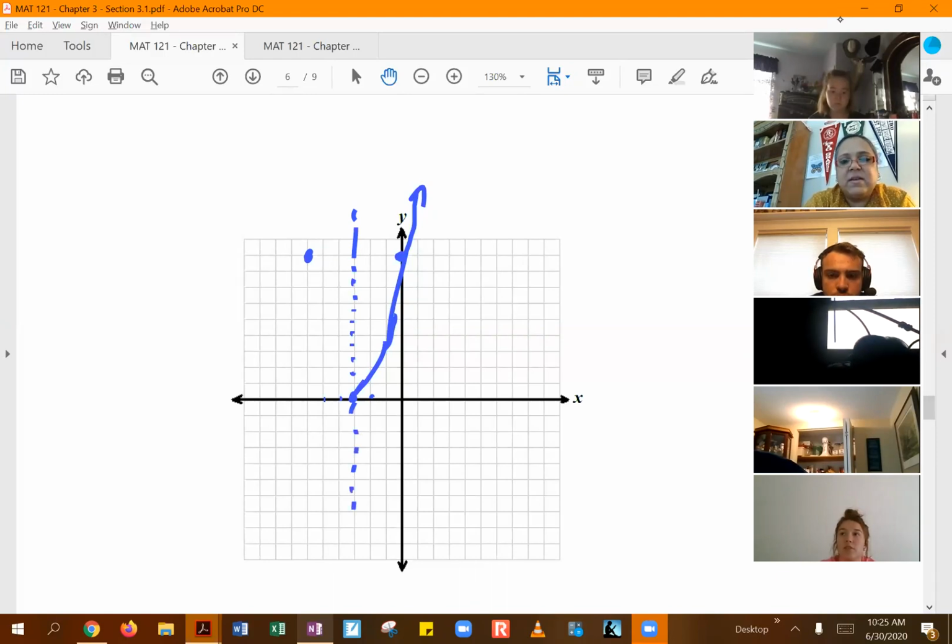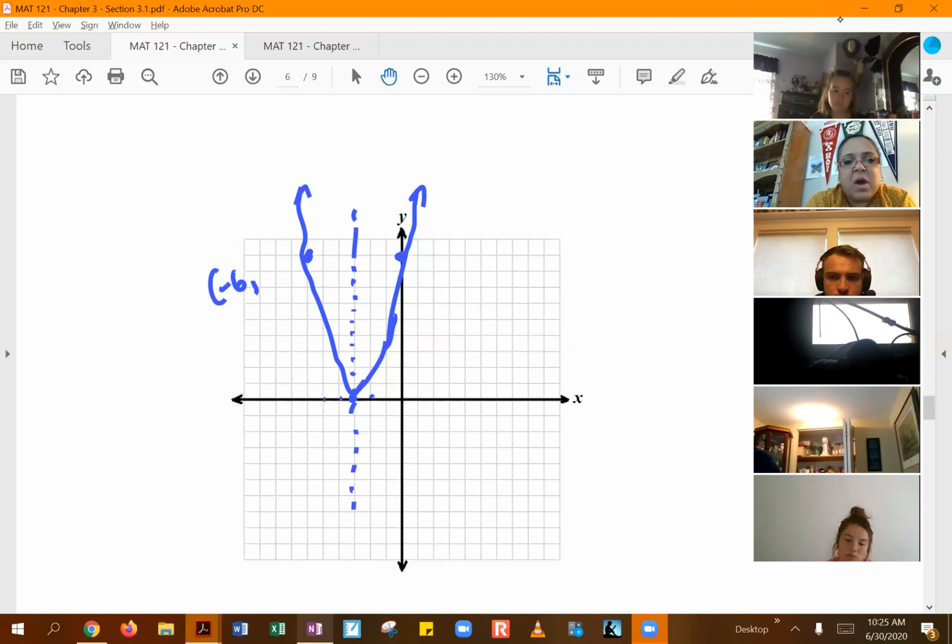So this distance here is 3 units, which means you should have a distance of 3 units going the other direction also. And so you can kind of get an idea of what your graph would look like, even though that's a really bad graph. So this ordered pair here would then end up becoming -6, 9.